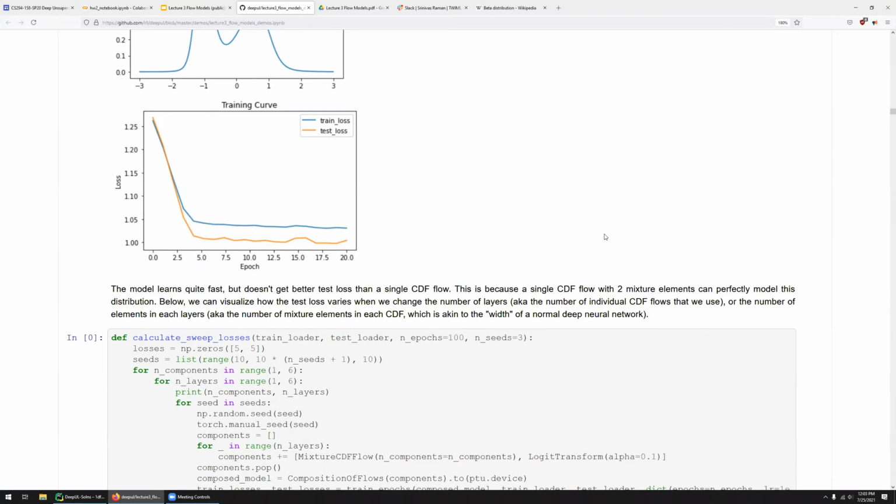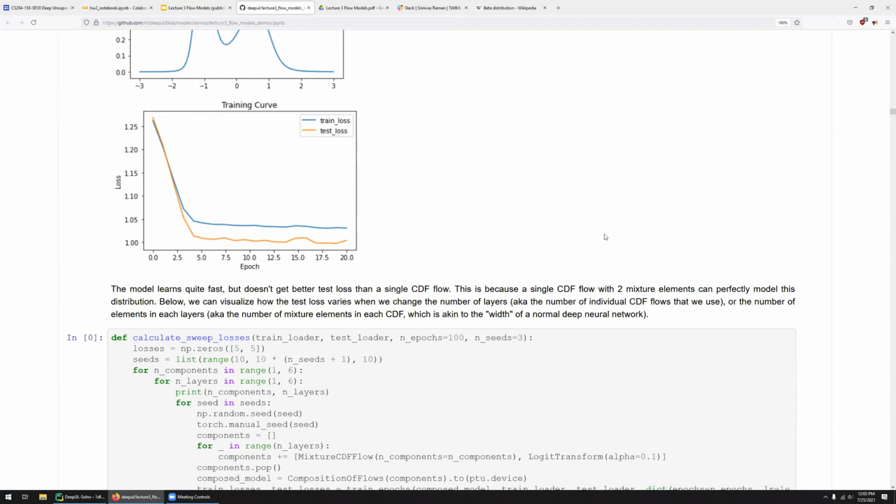That is, how wide it is. It's equivalent to thinking that if you increase the number of mixture elements, that's like increasing your width. But if you increase the number of compositions, that's like increasing your depth.